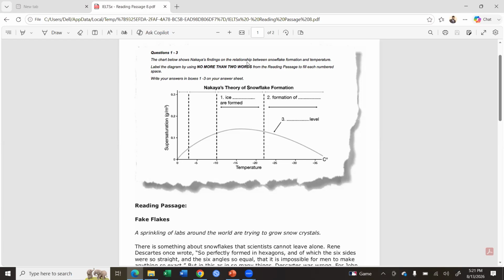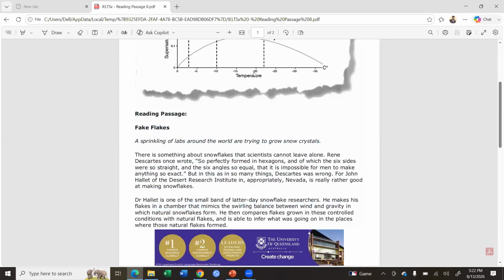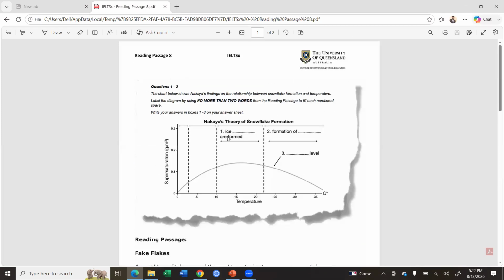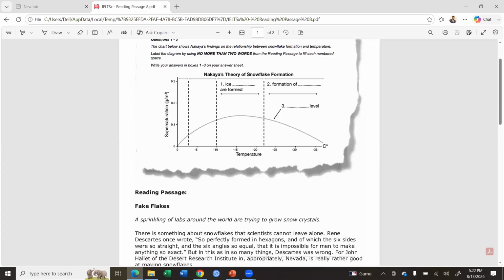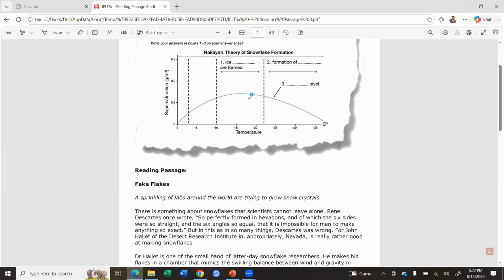That is the title of the chart. Label the diagram by using no more than 2 words. We should not be using more than 2 words, right? And we will be reading this passage, which is given here, and trying to answer all the 3 questions, the 3 blanks. Write your answers in boxes 1 to 3 on your answer sheet. So your time starts now. You have 6 minutes to think about all the possible answers and answer them, right? Go ahead, please.